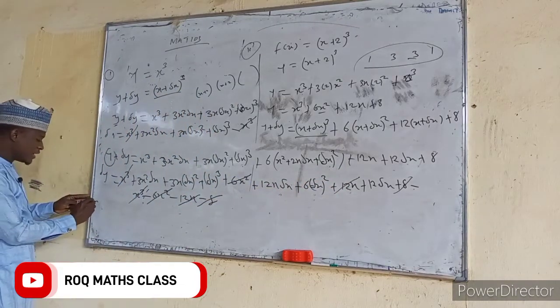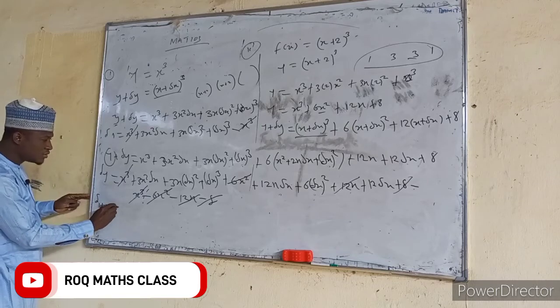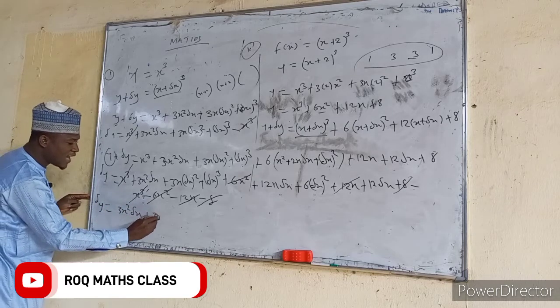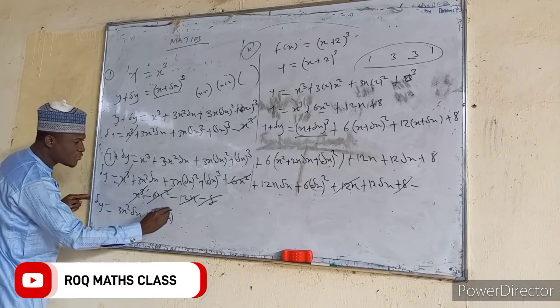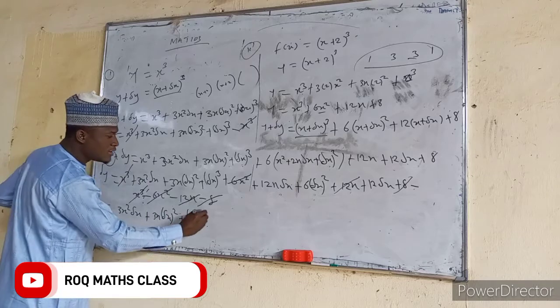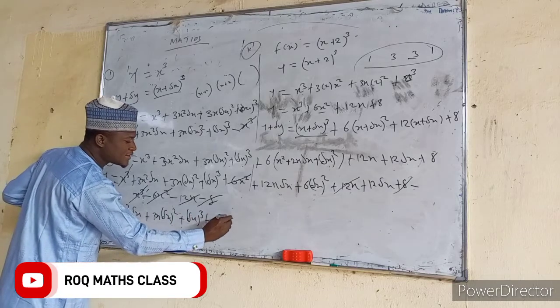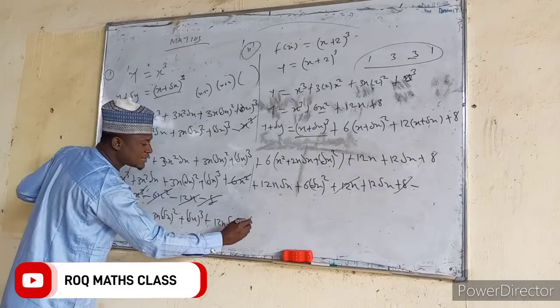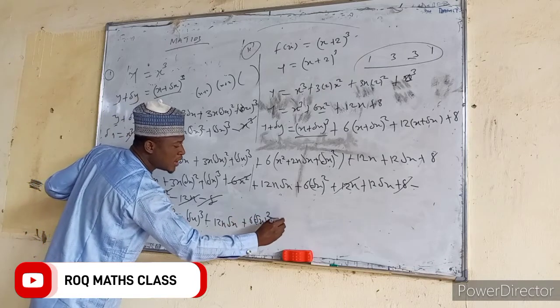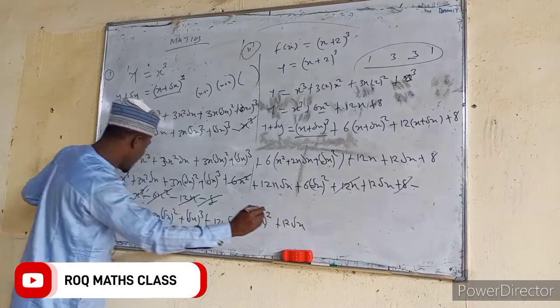We will have dy is equals to 3x squared dx plus 3x dx squared plus the x cubed plus 12x dx plus 6 dx squared plus 12 dx.